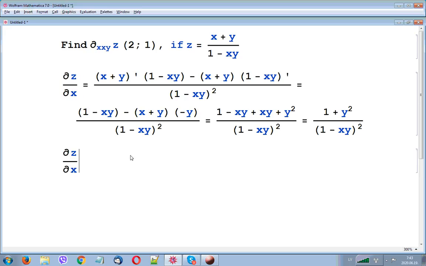But now we need to find the second derivative of z by x. I will write it like this, because the first derivative was by x, the second also. So now we need to derive this expression. And let us do again the same by applying the quotient rule.